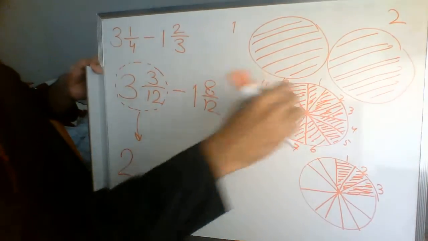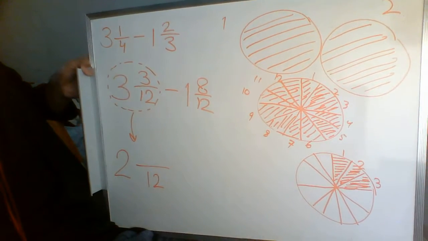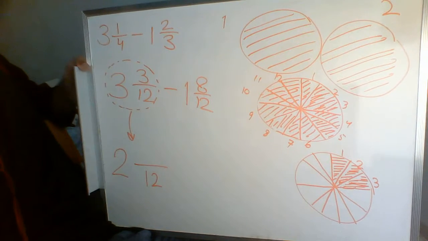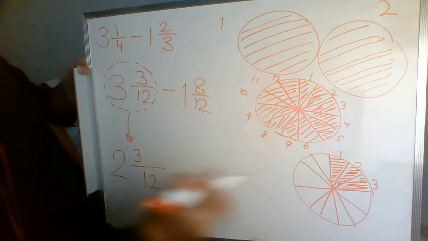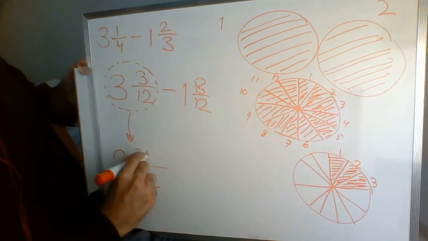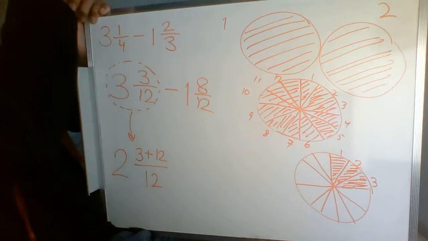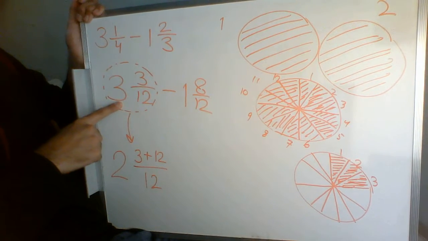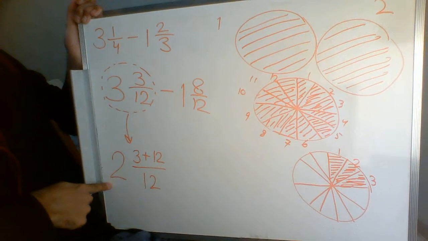So in total we've got 2, and then our denominator is still going to be 12 because we haven't cut the pizzas into anything other than 12ths. But now our numerator becomes the 3 that we had from before plus this bonus 12 slices from the pizza that we borrowed from. So basically we took away one of those whole pizzas, so that's why we've gone from 3 down to 2.